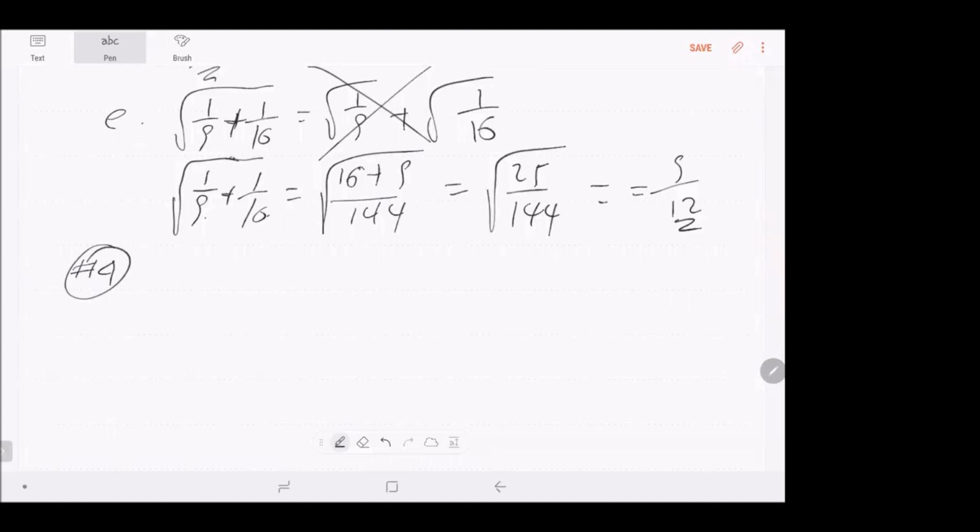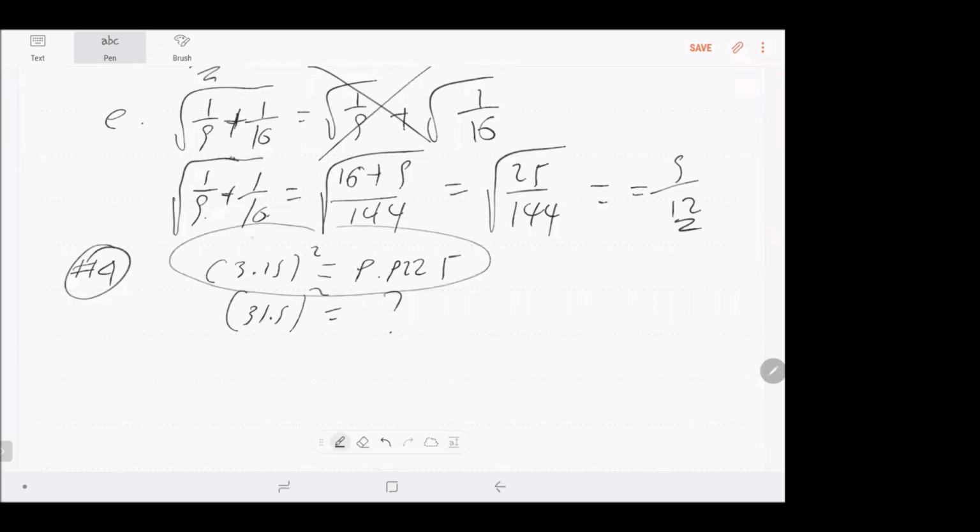Remember, there is a given condition. The square root of 3.15 is equal to 9.9225. This is a given condition. And we are asked the square of this one, 31.5. What is the square of 31.5? This one is already given.